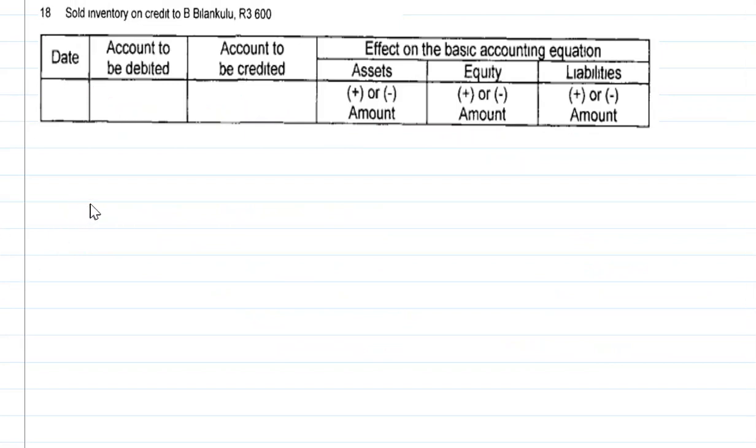Here we are selling inventory. This transaction is very easy, because when you are selling, what must come to your mind when you hear the word sold? Sales must come to your mind. So we're gonna write sales. What else? It's gonna be inventory.